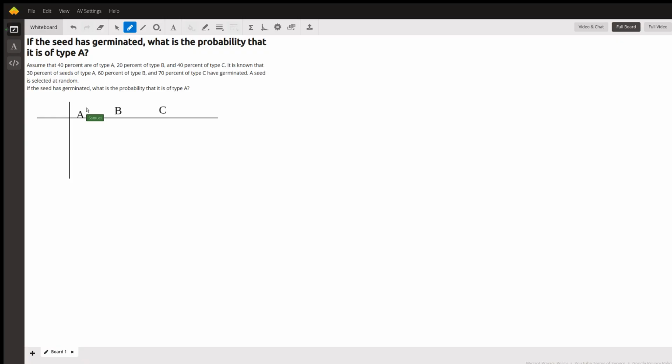So with these three types, we're going to create our columns based on those categories. And then our other category, we are going to represent based on those that are germinated or not. So one is germinated and the other is not.